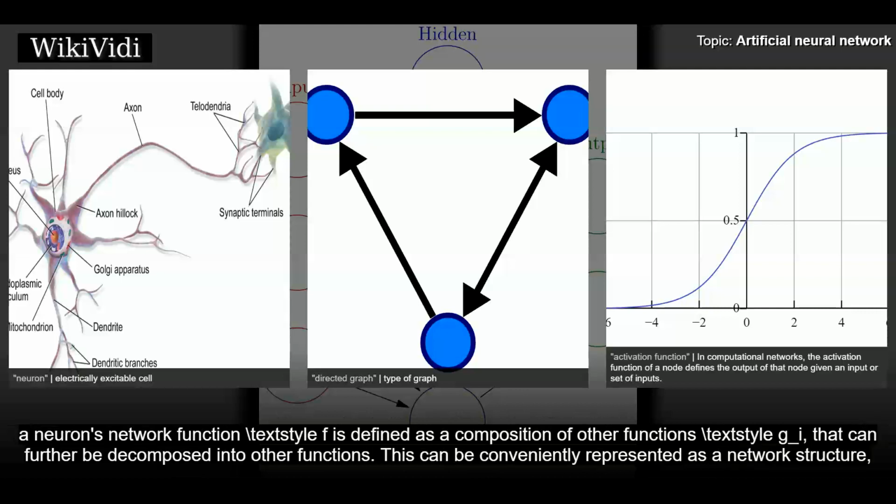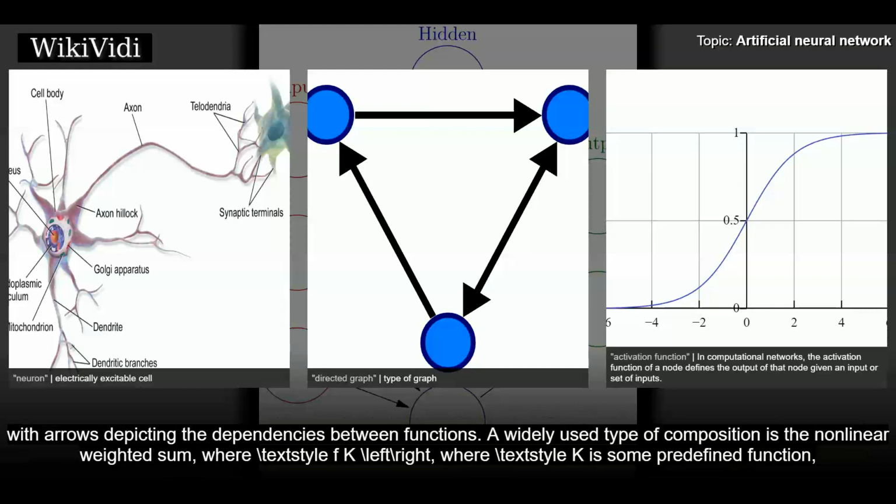a neuron's network function f is defined as a composition of other functions g_i that can further be decomposed into other functions. This can be conveniently represented as a network structure, with arrows depicting the dependencies between functions.